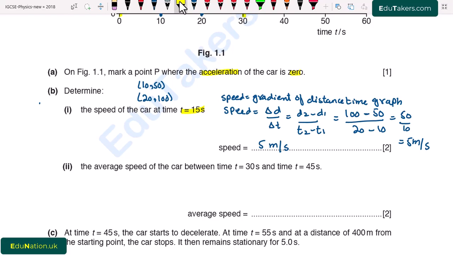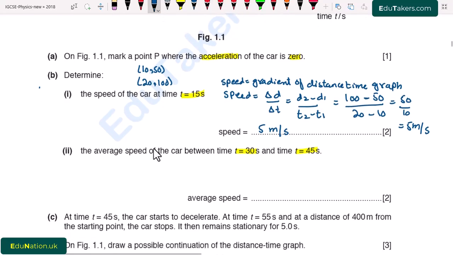Part 2. The average speed of the car between time t equal to 30 seconds and time t equal to 45 seconds. Here we have to find out the average speed. Average speed is equal to total distance divided by total time.